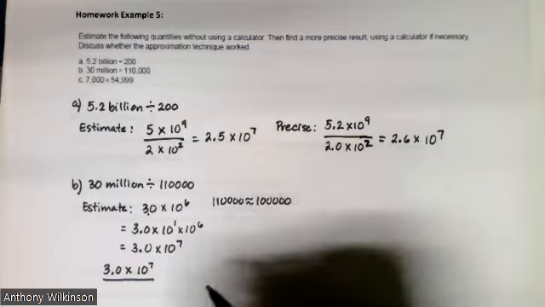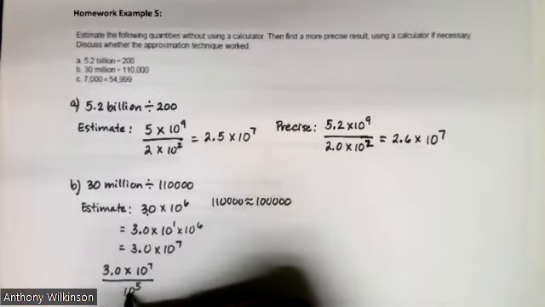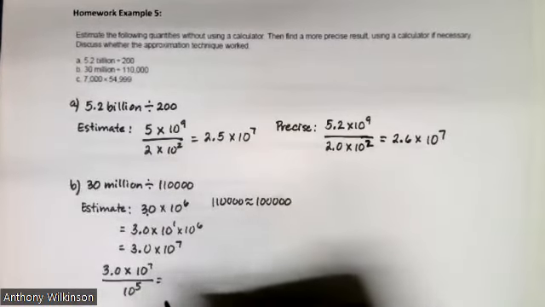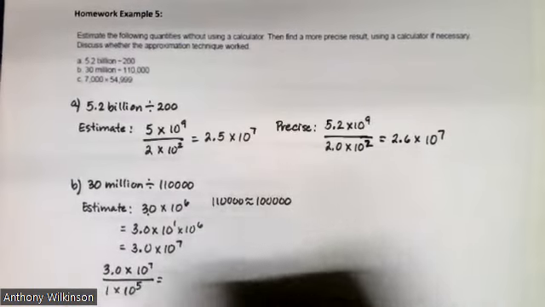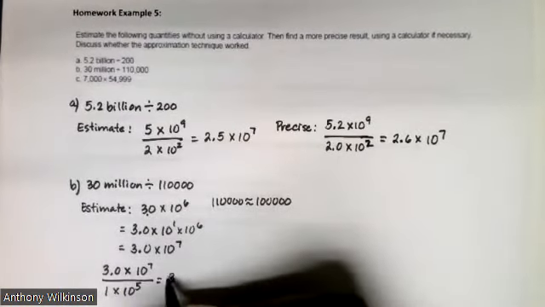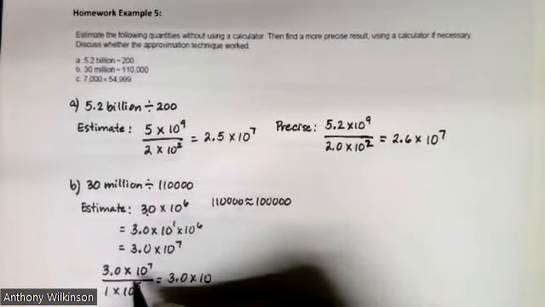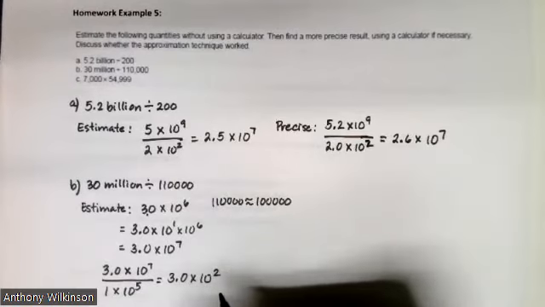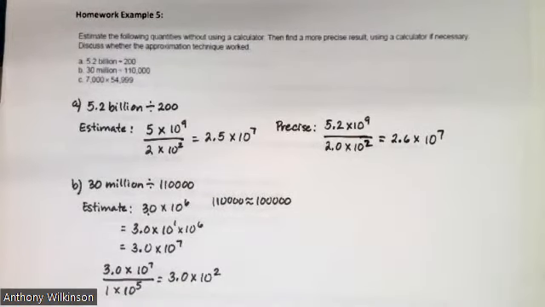I mean 10 to the 5th, because it's a 1 with 5 zeros. Or I can write this as 1 times 10 to the 5th. So when I do 3.0 divided by 1, it'll be 3.0. And then 10 to the 7 minus 5 will be 10 squared. So it'll be 3.0 times 10 to the 2nd.